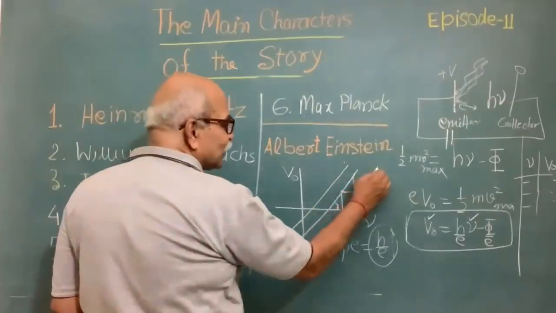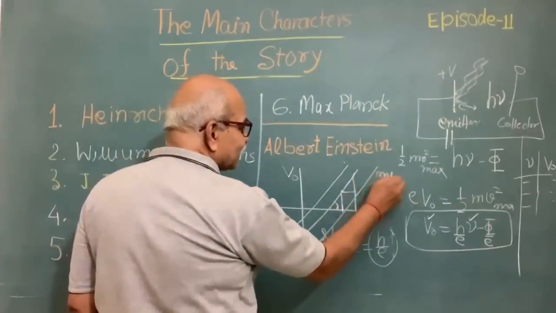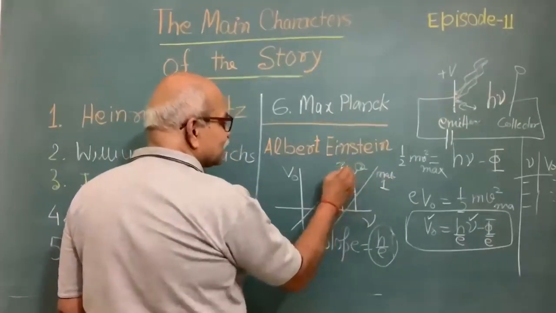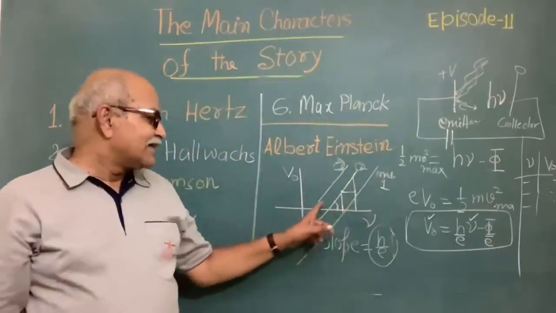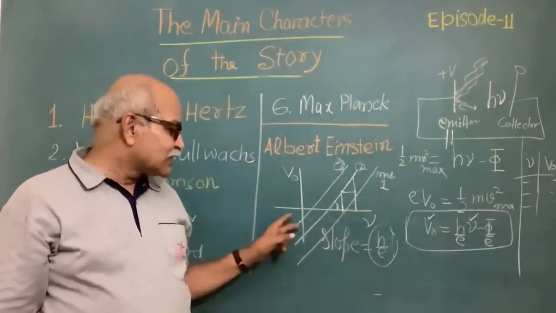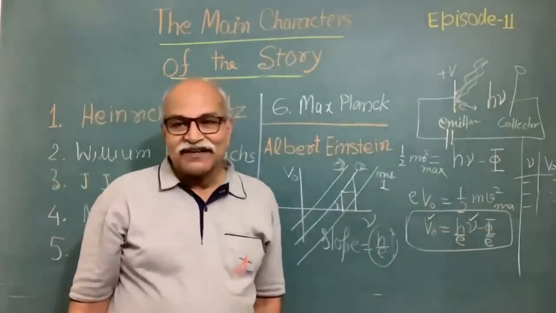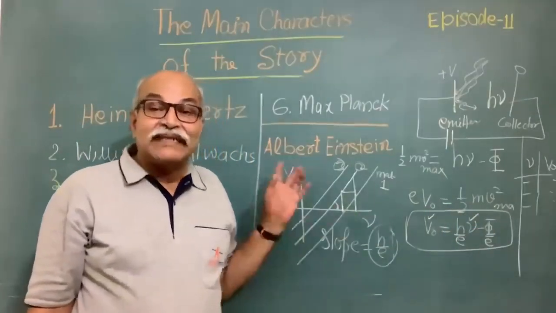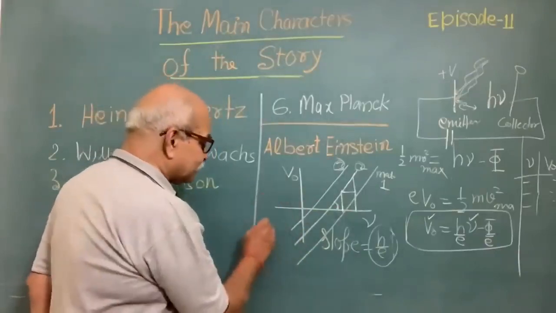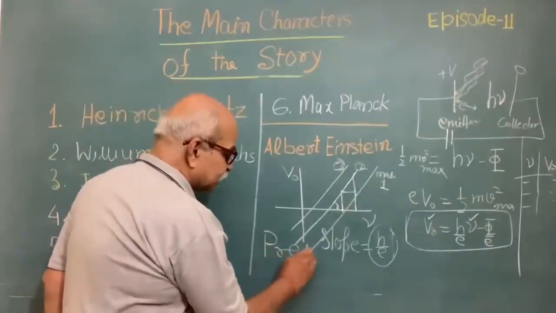So this is material 1, this is material 2, this is material 3. Slopes are identical, they do not change, but the intercept will change, and the intercept should be related to this work function. So this is the prediction, right?